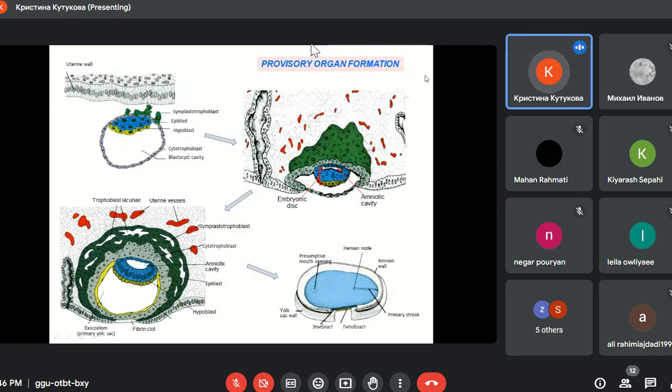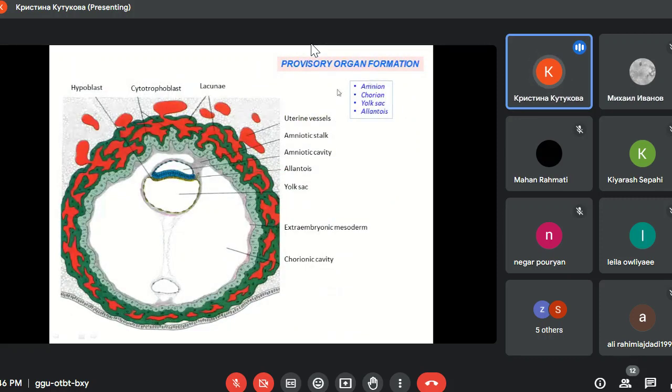Also, during these days, during the second week of life of the embryo, from day 6-7 to day 14, provisory organs or temporary organs start to be formed. We have 4 provisory organs: amnion, chorion, yolk sac, and allantois. They are needed only during embryonic development of the baby, of the embryo.